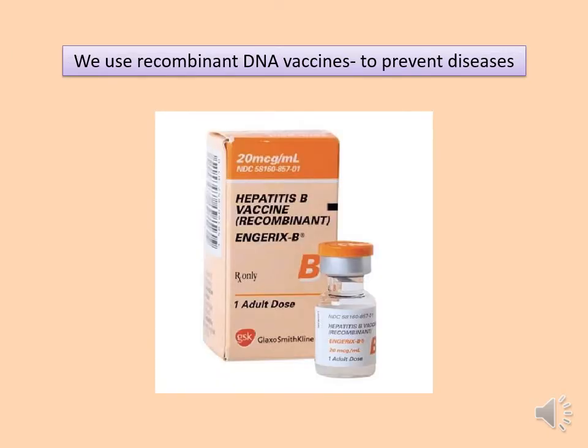Another reason for learning about DNA is that nowadays we use a lot of recombinant DNA vaccines to prevent diseases. For instance, it's compulsory for you all to have the hepatitis B vaccine before you start your clinicals, and that vaccine also is a recombinant DNA vaccine.